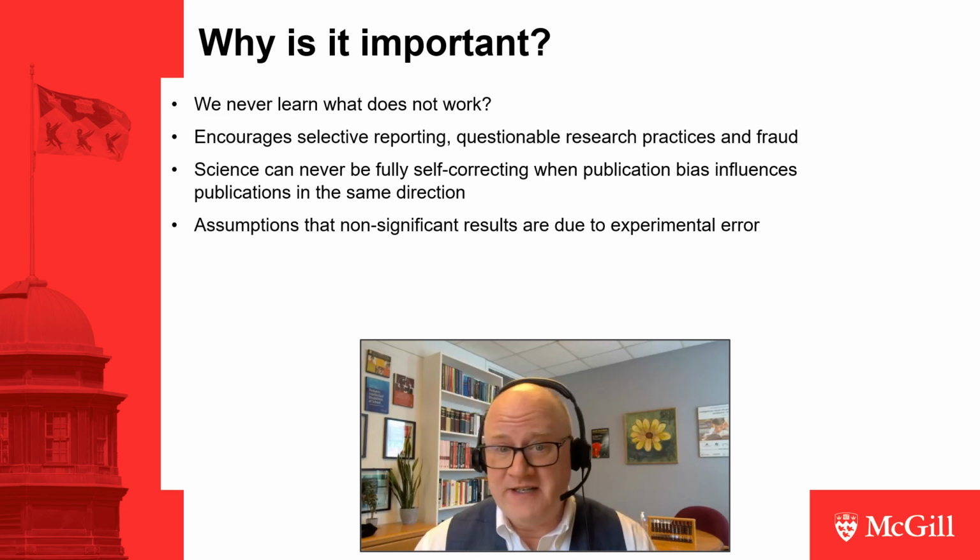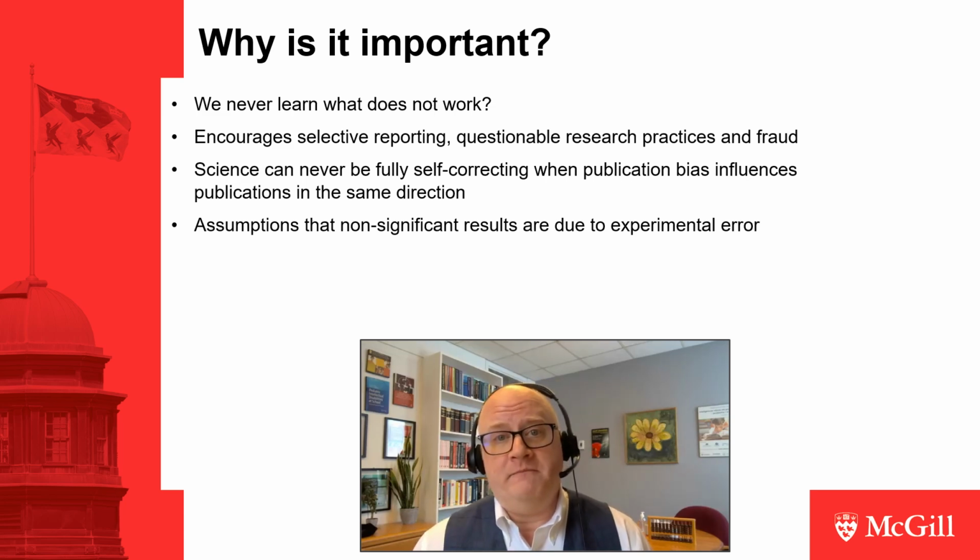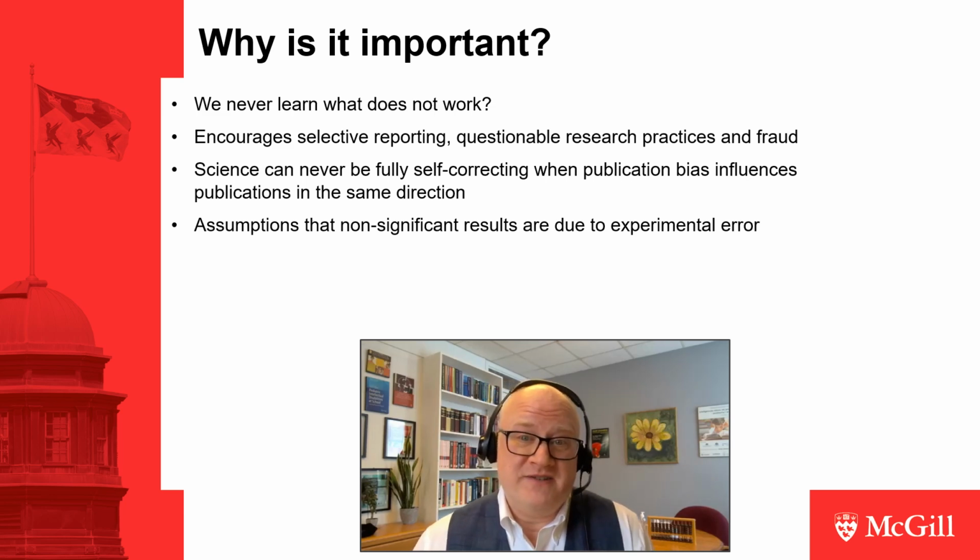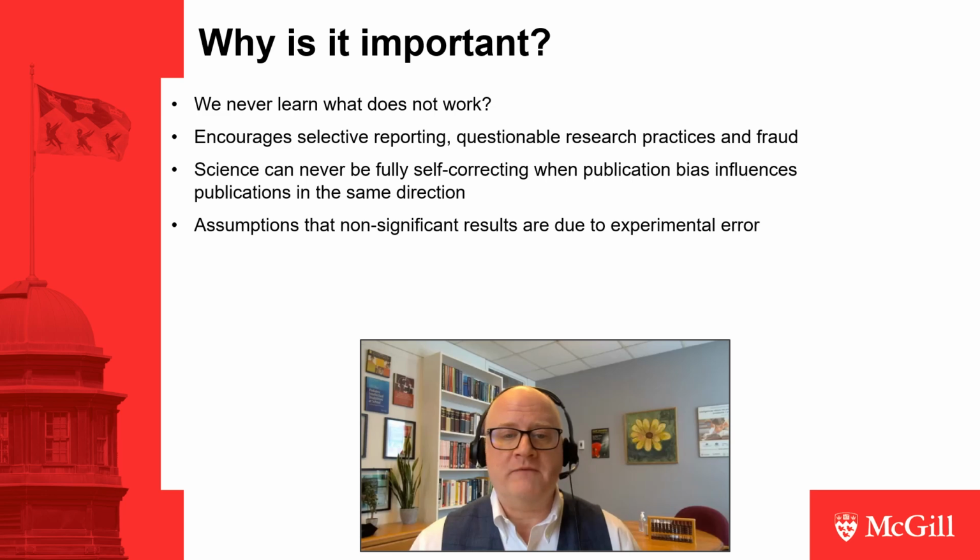This gives us an incentive to do poor research design. It also, unfortunately, gives us incentives to commit fraud. If we make up the data to get the results we want with the biggest effect sizes, it's more likely to get published. So there's incentive for fraud. Science can never be the self-correcting thing we claim to be if there's publication bias that influences all of our publications with the same results.